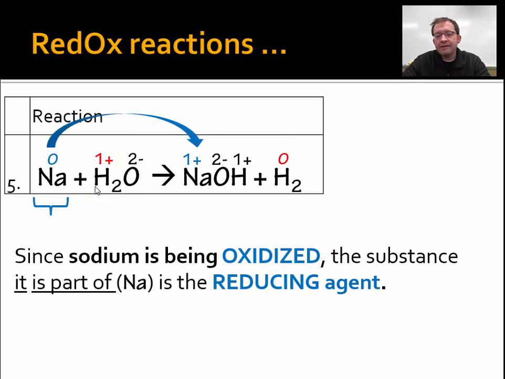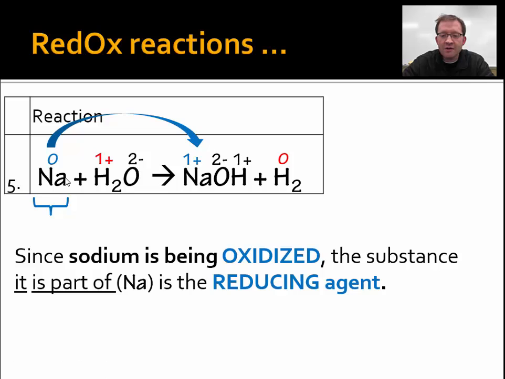On the flip side, sodium in that same equation was the element being oxidized from a 0 up to a +1. And since sodium is being oxidized, it's also the reducing agent or part of the reducing agent. In this case, we're looking at sodium that's part of, well, nothing bigger. Sodium is the whole thing. On the left side of the equation, sodium is being oxidized, and sodium is part of itself and nothing more.